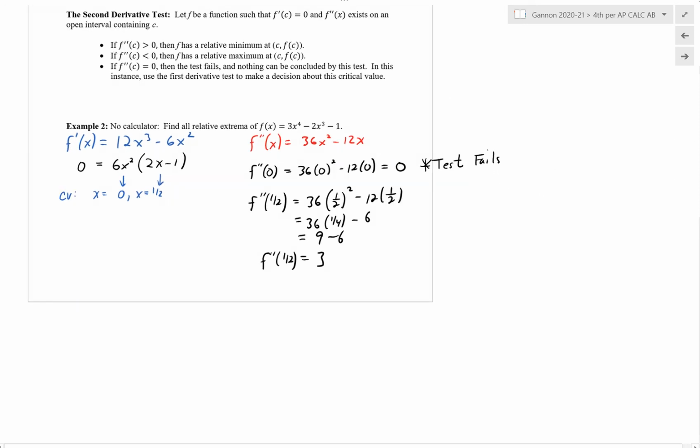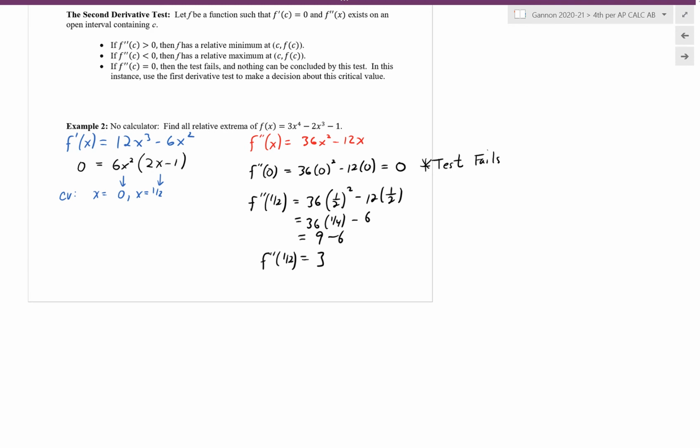And again, what we're trying to do in this situation, guys, is determine, does the function have a relative minimum or relative maximum? So our second derivative is greater than 0, which means it's going to fit the first case where f double prime of c is greater than 0. That means we have a relative minimum.